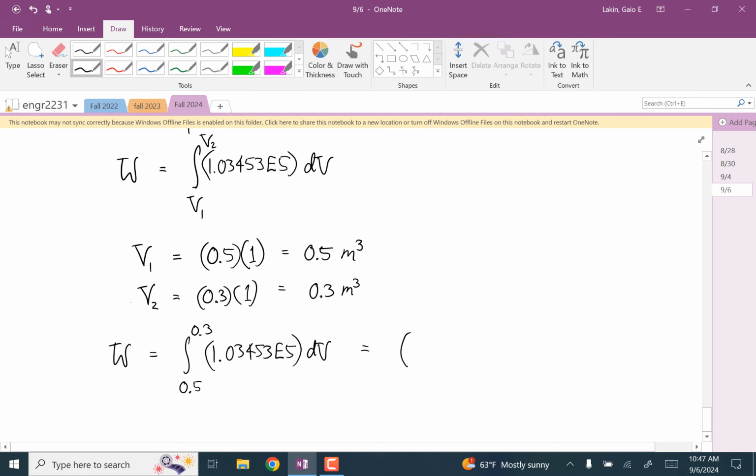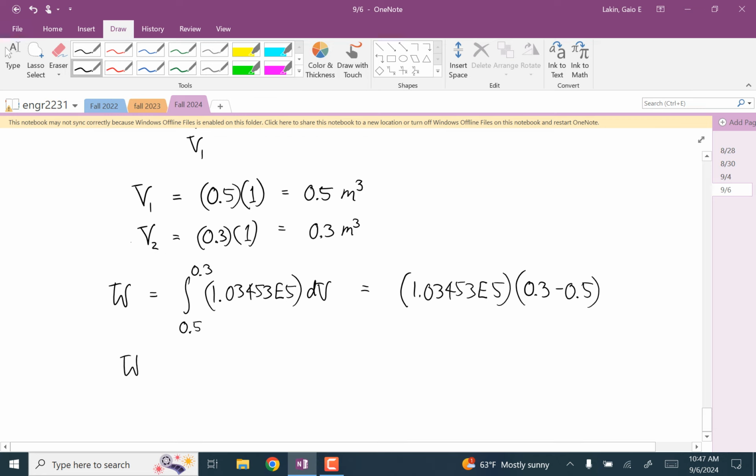And so this is 1.03453 times 10 to the 5th times 0.3 minus 0.5. And that is negative 20,690.5 joules.